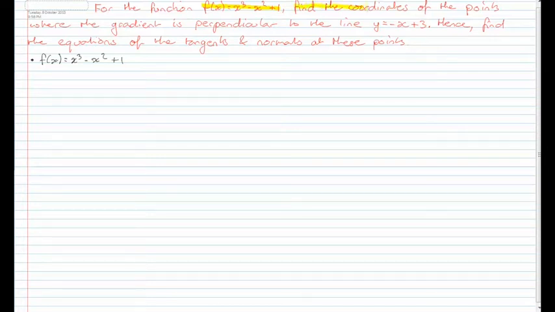So we want to find the coordinates of the points. Find coordinates x1, y1. That's what we're looking for, where the gradient is perpendicular to the line y equals negative x plus 3.